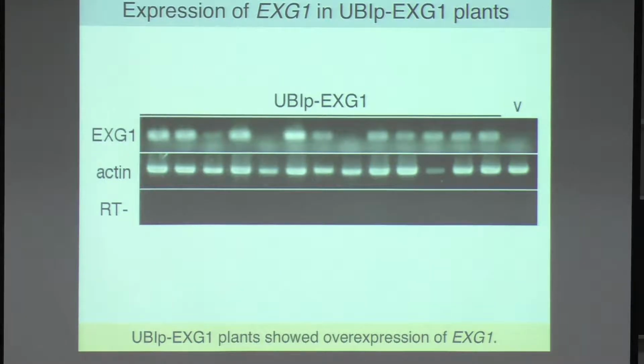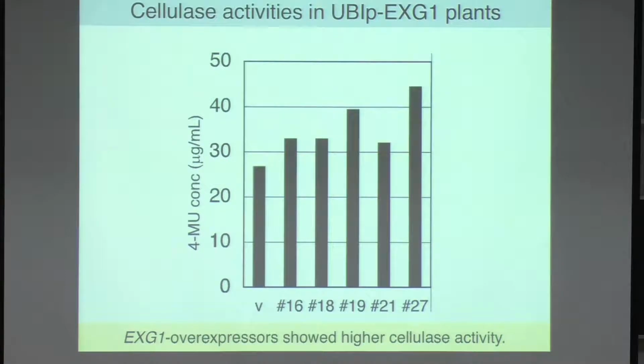The difference of the expression level between independent transgenic plants is very normal, so this is a very normal result. And then we checked the cellulase activities in the transgenic plants. This is a control plant, and these are overexpressing plants. The overexpressing plants show higher cellulase activities than the control plant.